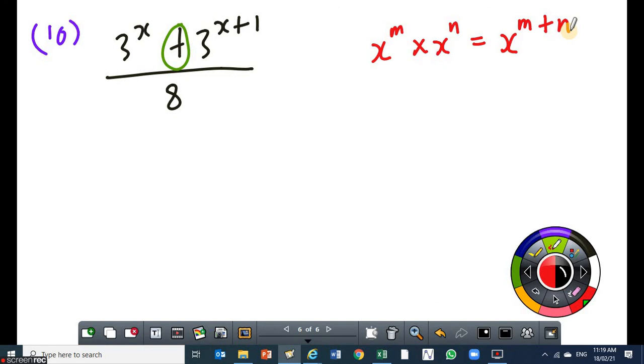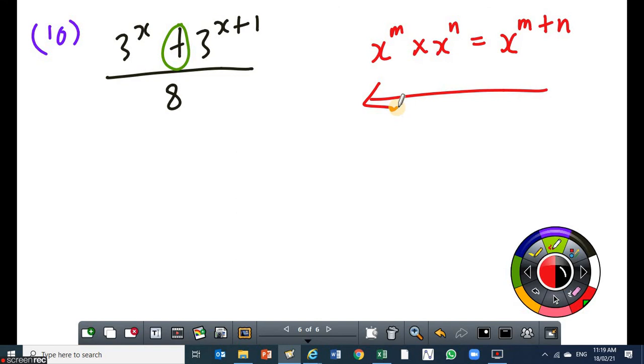Now in this grade, you can move from the right-hand side toward the left-hand side. So far you've been moving left to right. In grade 10, you also move from right to left. So when you're doing questions on factorization like this one, it means you have to move from right to left.